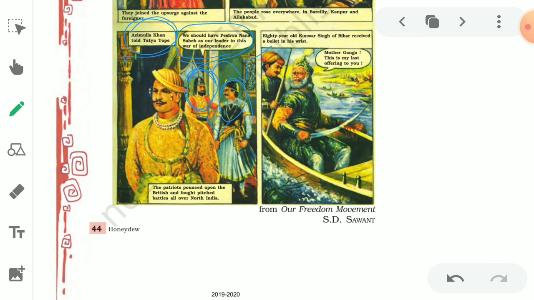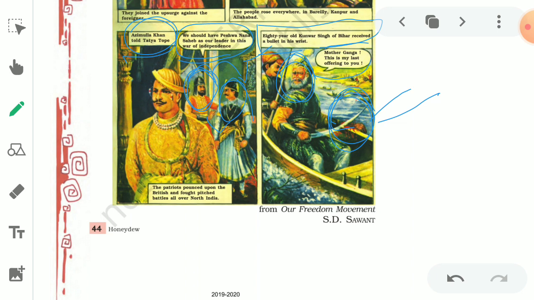Eighty-year-old Kanwar Singh of Bihar received a bullet in his wrist. As you can notice, blood stains. Here a king, Kanwar Singh, received a bullet in his wrist just because he was against British rule.